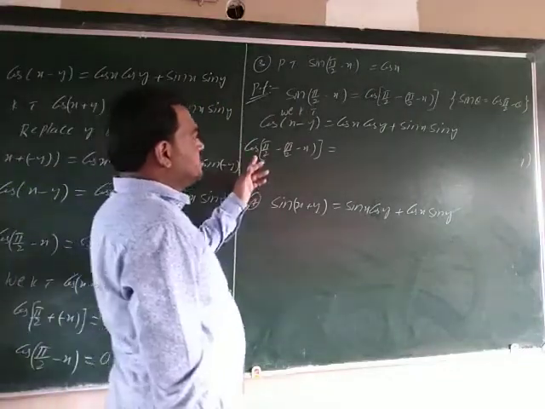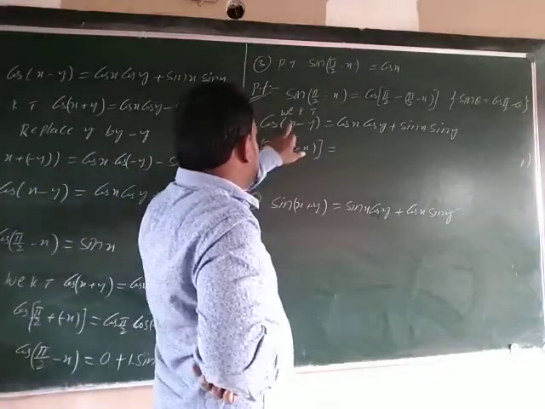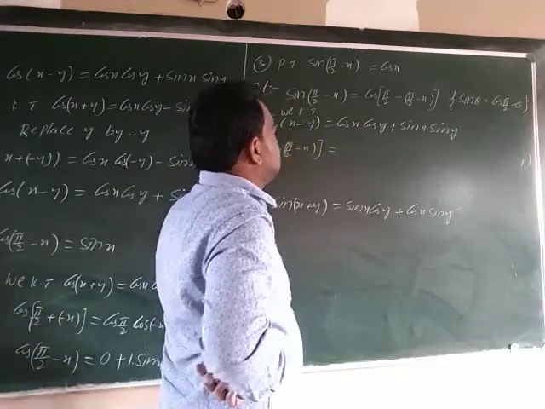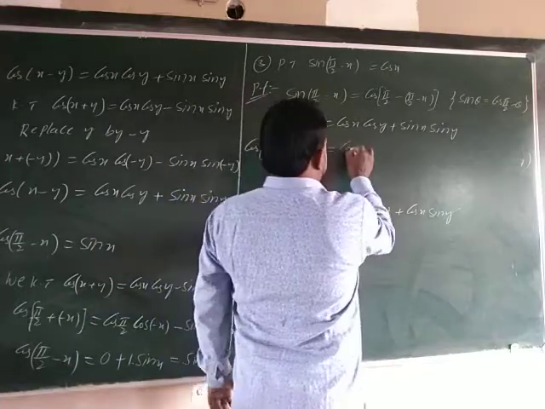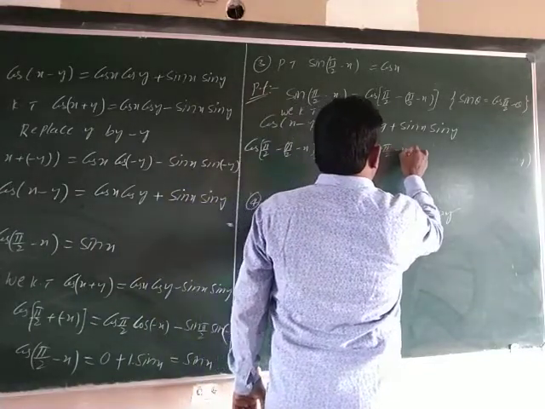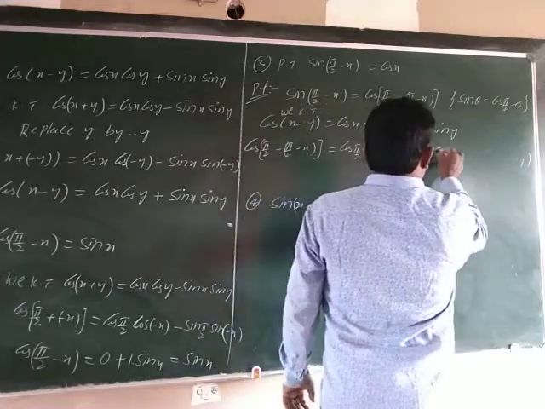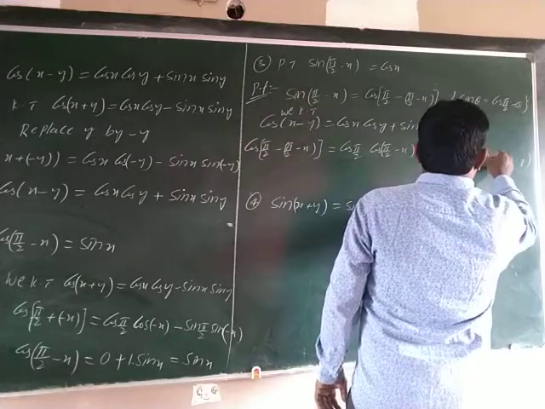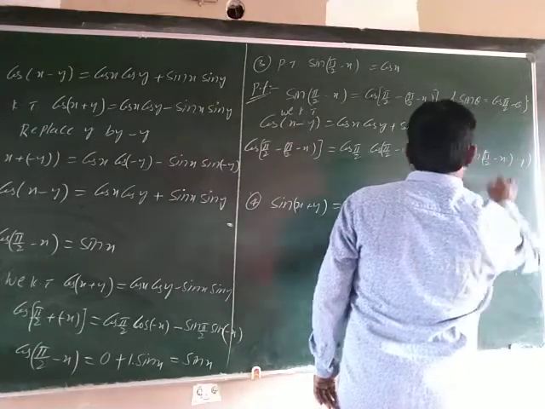Now it is in the form of cos of x minus y, in place of x pi by 2, in place of y pi by 2 minus x. So what do I get here? Cos pi by 2 into cos of pi by 2 minus x plus sin pi by 2 into sin of pi by 2 minus x.